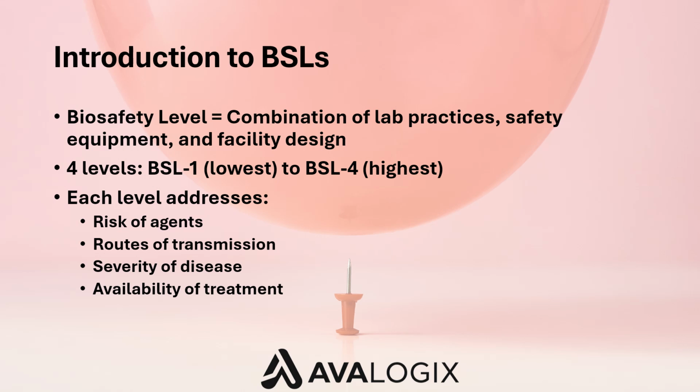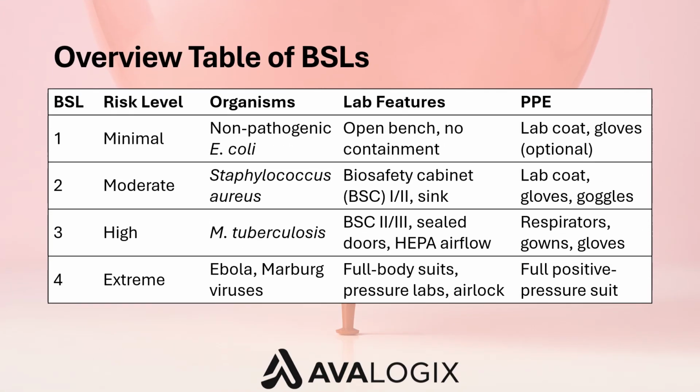Importantly, the assignment of a BSL isn't just about the organism's risk group, it also considers how the organism is used. For example, growing salmonella on an agar plate for a diagnostic test may require BSL 2, but aerosol-generating experiments with the same organism may demand BSL 3 containment. So context really matters.